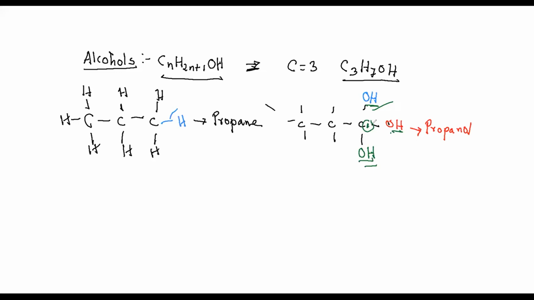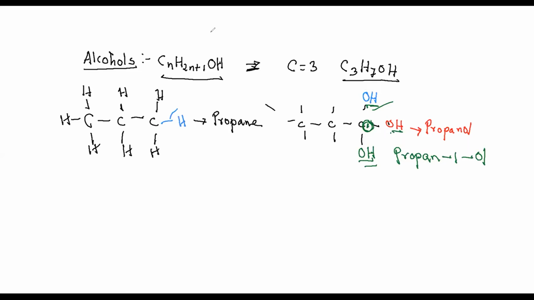It does not matter which position the functional group is in, if it's linked to the same carbon, it's the same type of compound. So what is the full name of this compound? Propan-1-ol.